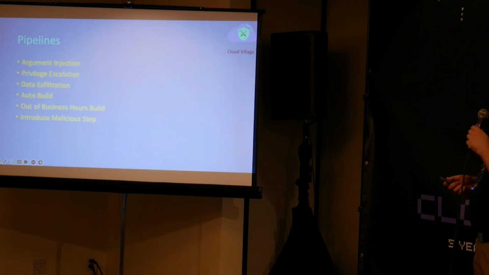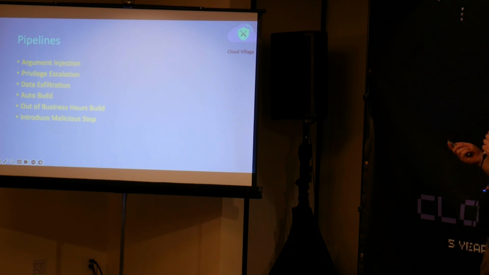So for the pipelines, there are a couple of things I collected. The first one is argument injection. So you can have something like in a pipeline step that you step into a directory and you give the directory name as an argument, but you can add additional code and it will behave like SQL injection or command injection as well.